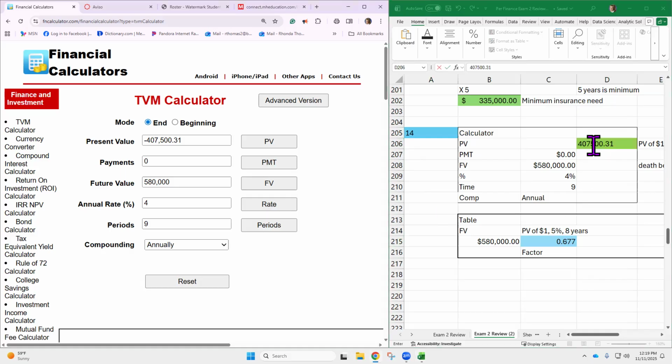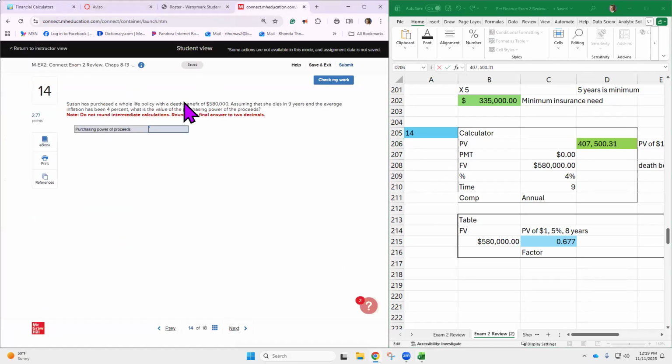$407,531 is what the present value is of $580,000 in the future with 4% 9 years into the future. So there is the amount. In today's money, that's the purchasing power of it. It's more than $100,000 less.